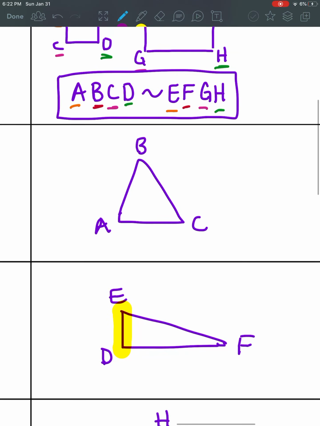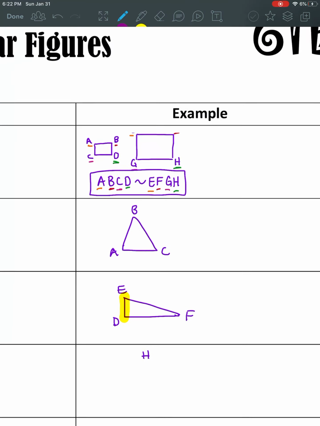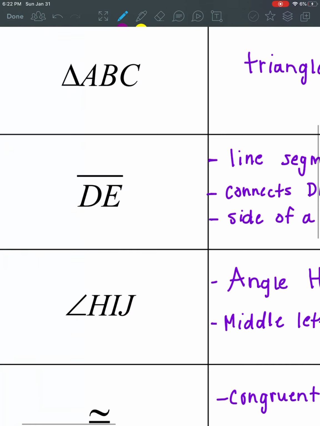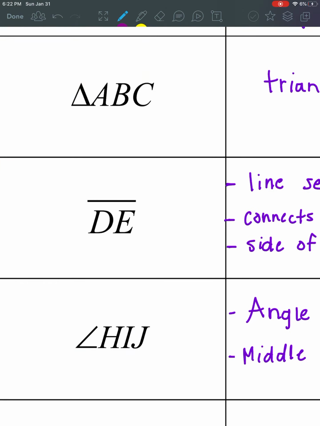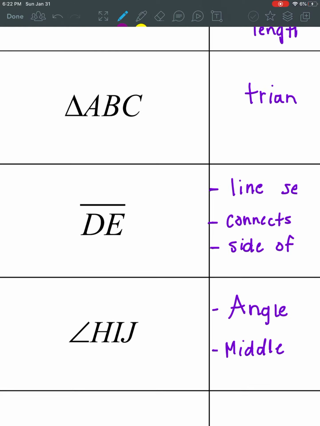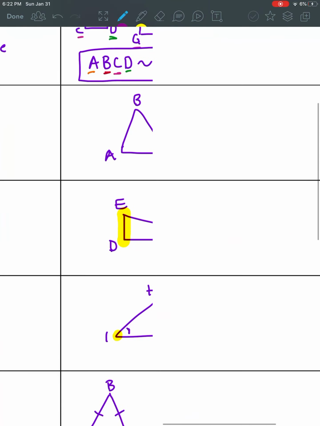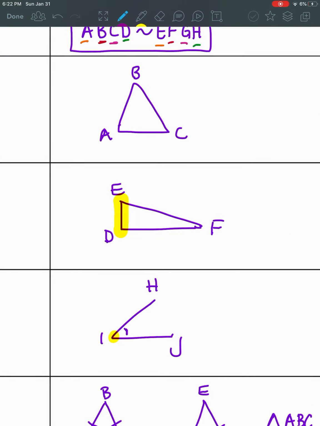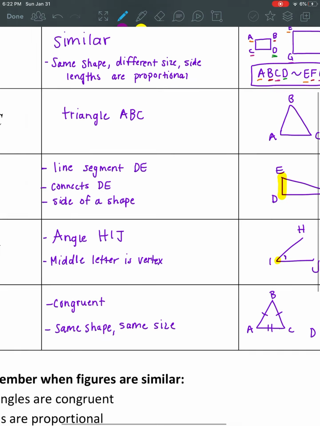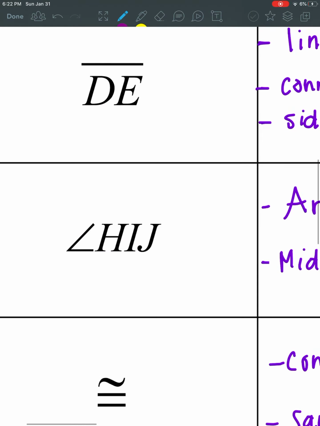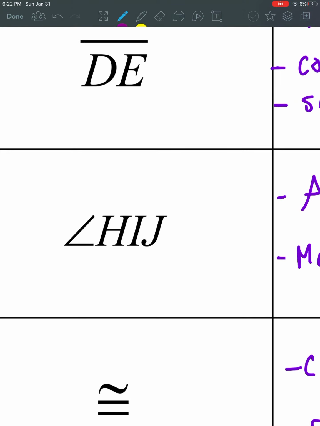Next one, something written like this. This is a triangle in front of the letters, so that just represents triangle ABC, and we would just simply have some sort of triangle labeled with the three vertices A, B, and C. This symbol, so that line on top of the two letters, that's saying line segment DE. So it'd be a side of a shape that connects the two points D and E, and I have that side length labeled here.